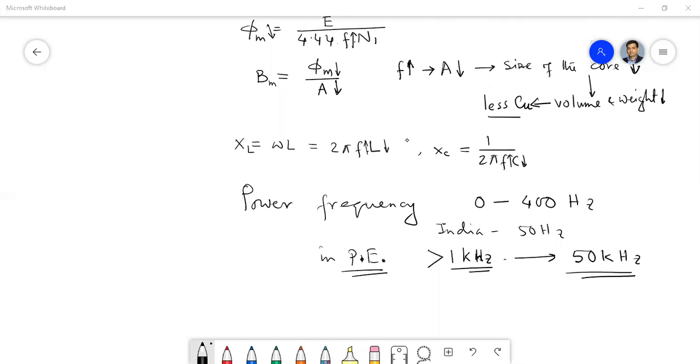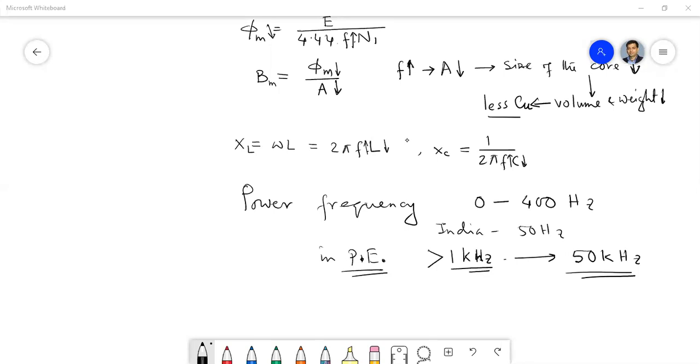Okay, so some problems are there at higher frequencies, like the losses. The core losses are high, and mostly our generators, alternators, are where we get this frequency, isn't it?